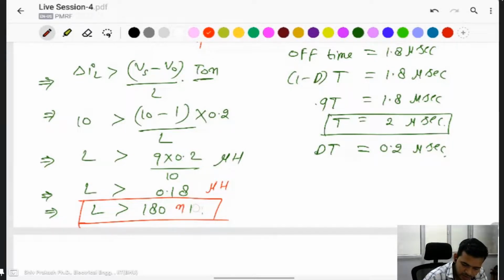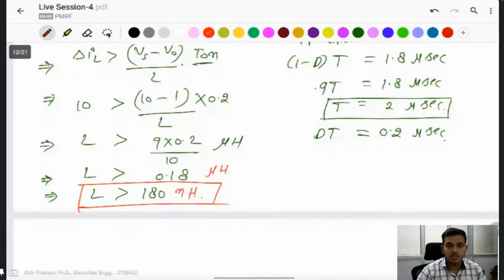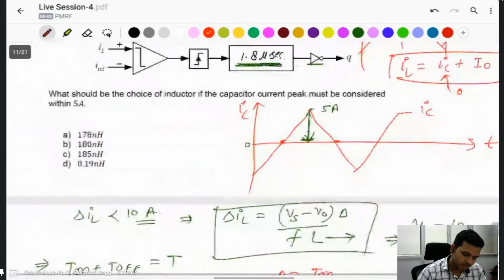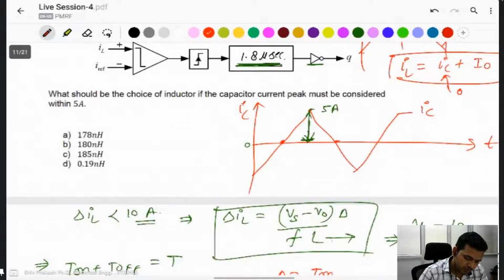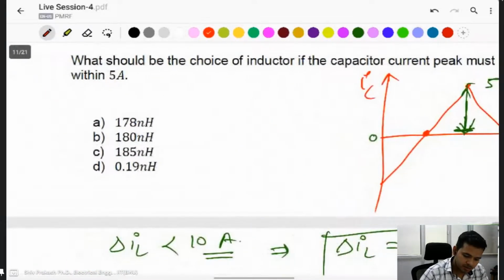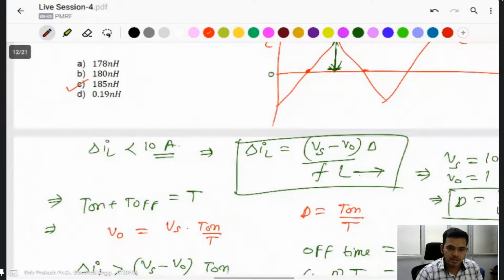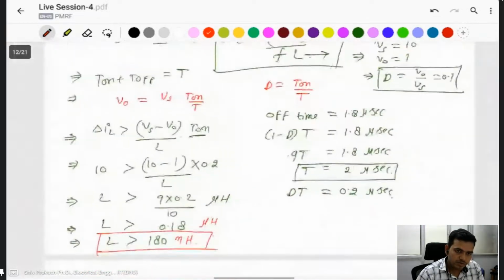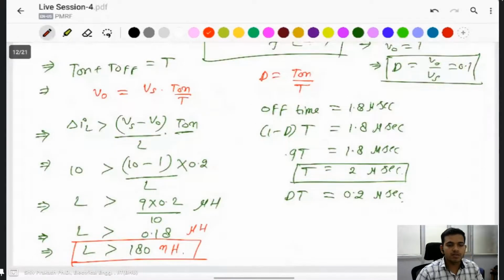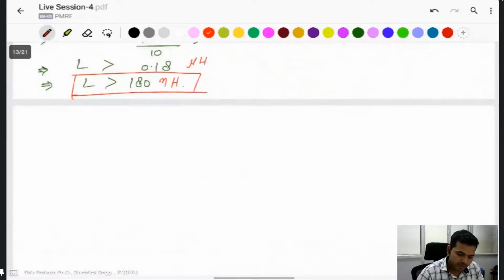L is greater than 180 nanohenry, so approximately that is used. Looking at the options, 180 is also given, but you can't choose 180. You can choose 185 nanohenry, which is greater than 180. 180 is the boundary condition, that's why you choose the one greater than 180, which is 185 nanohenry.